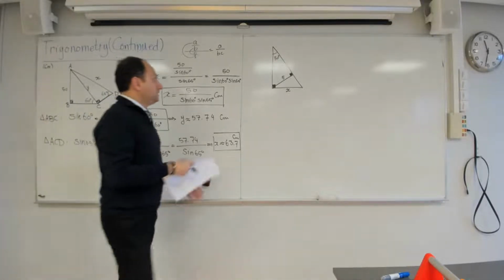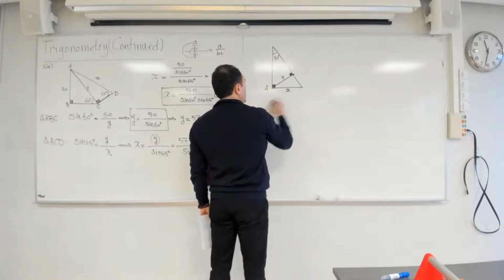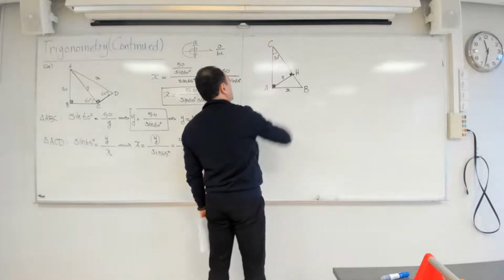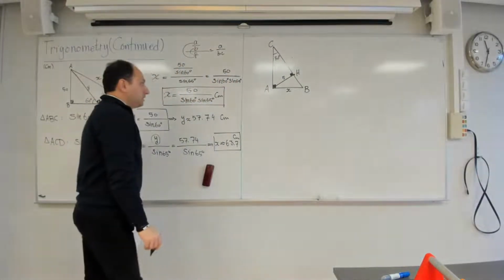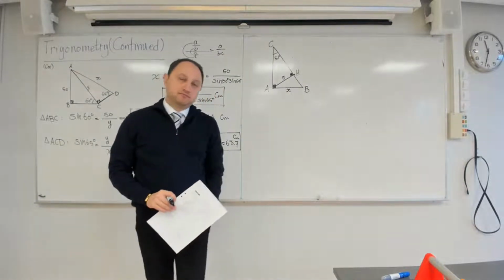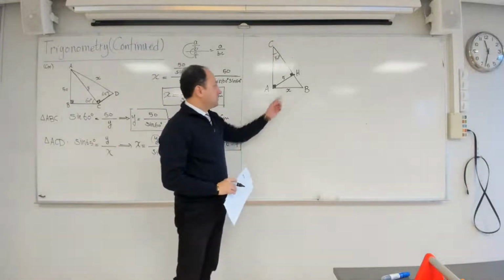Okay, let me give these points names, and then we can talk together actually. So this is A, assume that this is B, let me call this H, and let me call this point C. If you have any opinion how to solve this, you can talk to me now, okay? Do you have any idea how I can find x here?